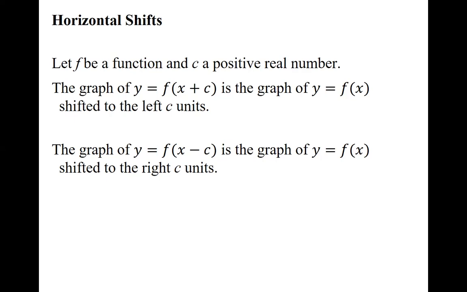Minus c makes you think negative, makes you think go to the left. But for left and right, it's the opposite of that. Plus c is actually to the left. Minus c is actually to the right. And these pluses or minuses are inside the parentheses with the x, not added or subtracted to the whole function.